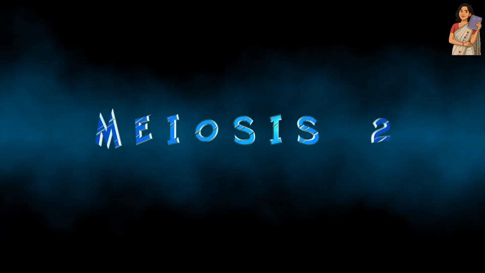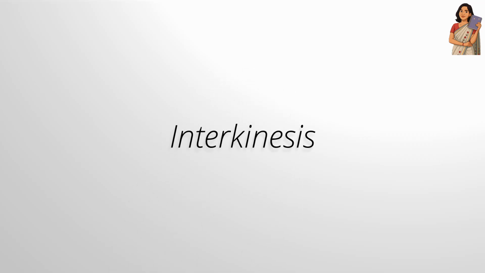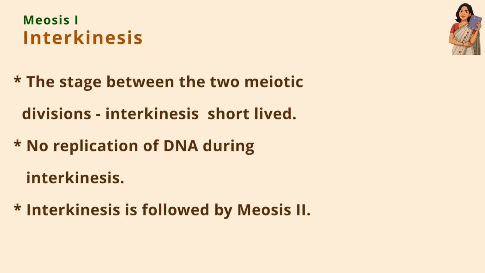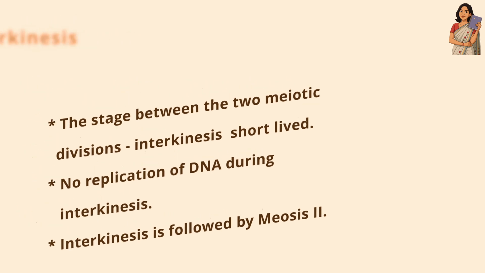But in between Meiosis 1 and 2, there is another short-term phase called interkinesis. Since it is a short-lived phase, there will be no replication of DNA taking place in this phase. So, interkinesis is followed by Meiosis II.